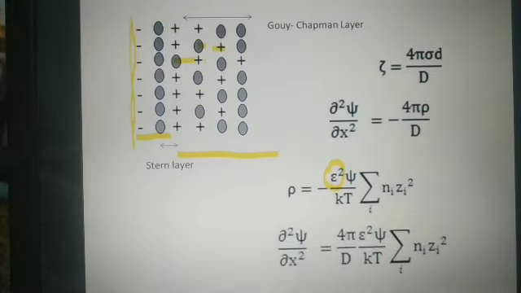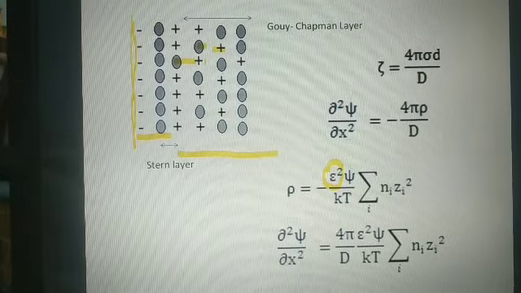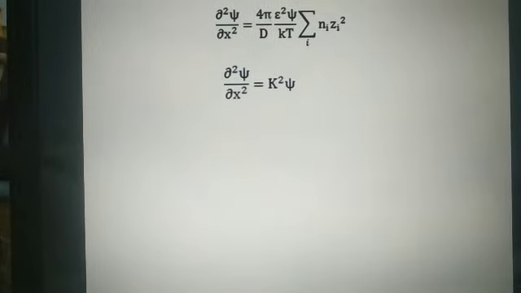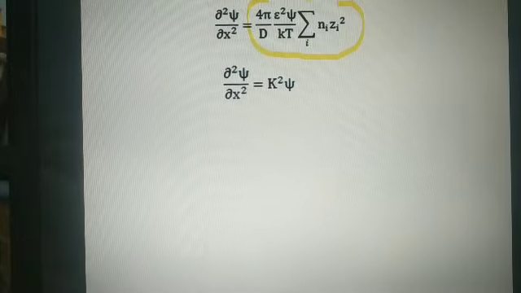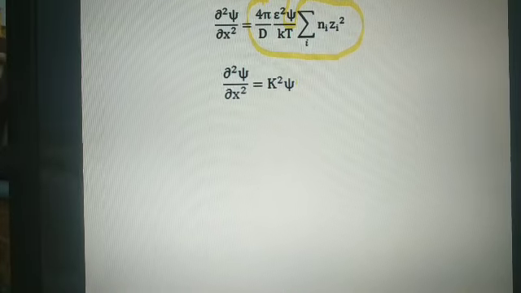So substituting the value of rho in the Poisson equation here, del square psi upon del x square becomes 4 pi epsilon square psi upon dkt ni zi square. So let us further simplify this equation. Instead of writing this bigger term here, I substitute for this whole term as k square, and psi is left as it is.